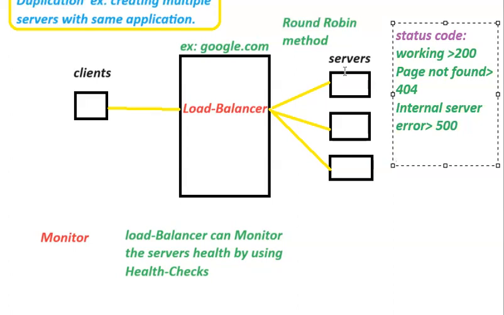So what can we conclude? If the load balancer requests this server and the response provided by the server is 200, then the status code the load balancer gets is 200, and can I say this server is working?